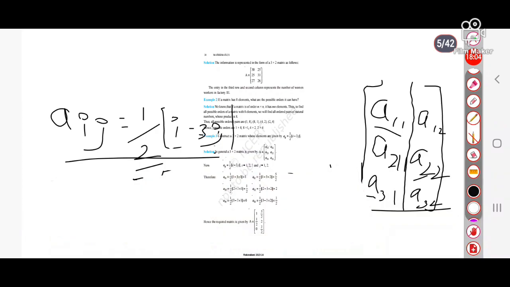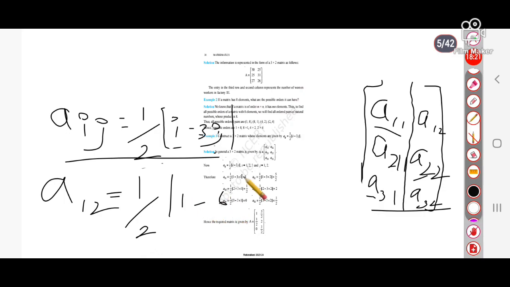Similarly for the rest, A12, A21, A22, A31, A32, we need to find them the same way, right? For A12, that is half modulus of 1 minus 6, nothing but 5 by 2.